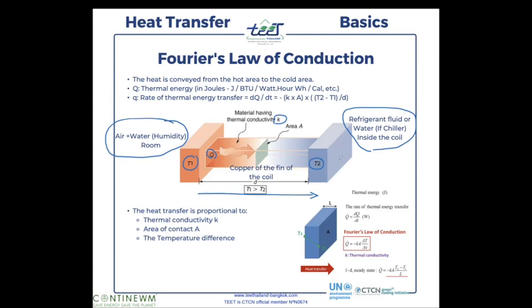That will then transfer to the water. Here we'll transfer the heat to the water or to the refrigerant fluid. So the heat here is transferred from the water, the moisture in the air and the air, goes through the metallic, the copper fin of the coil, and then transfer again to the refrigerant fluid.